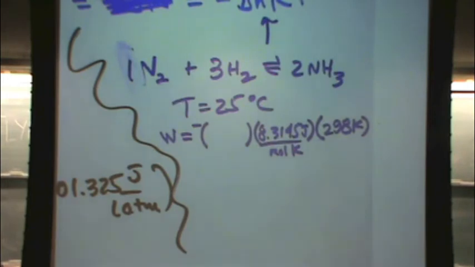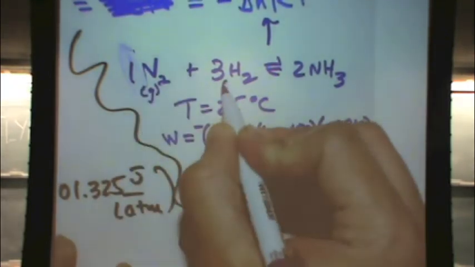Now, before you can find change in N, which is moles of reactants minus moles of products, you'd have to ask me a question about the reaction. What do you need to know about the reaction before we can find N? Are all those gases? Because this only works for gases. So I would say yes, in this case they are all gases.